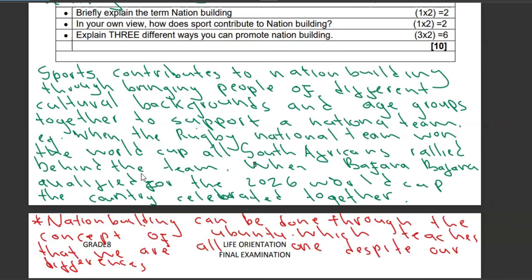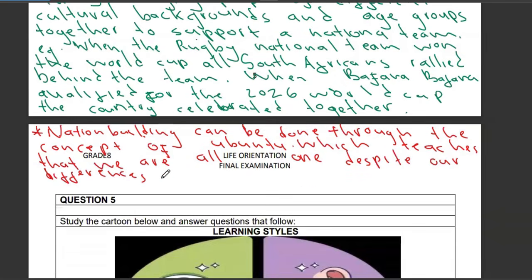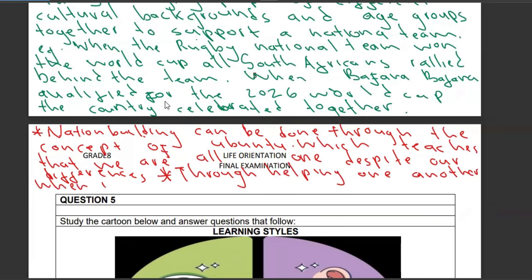It also teaches that we are because we are together. It also teaches that people should come together. Then through helping one another when in need.